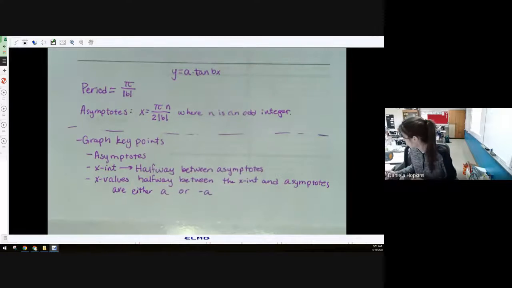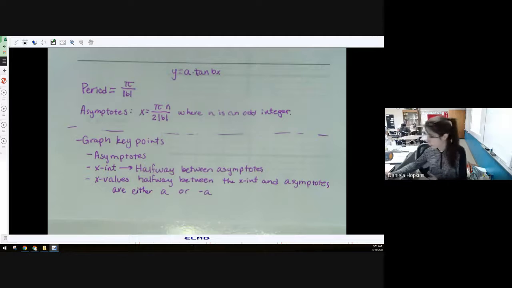I'll show you what I mean by that in a second when we graph our first parent function. So the x values halfway between the x-intercepts and asymptotes are either a or negative a. So these are sort of our rules for graphing tangent.